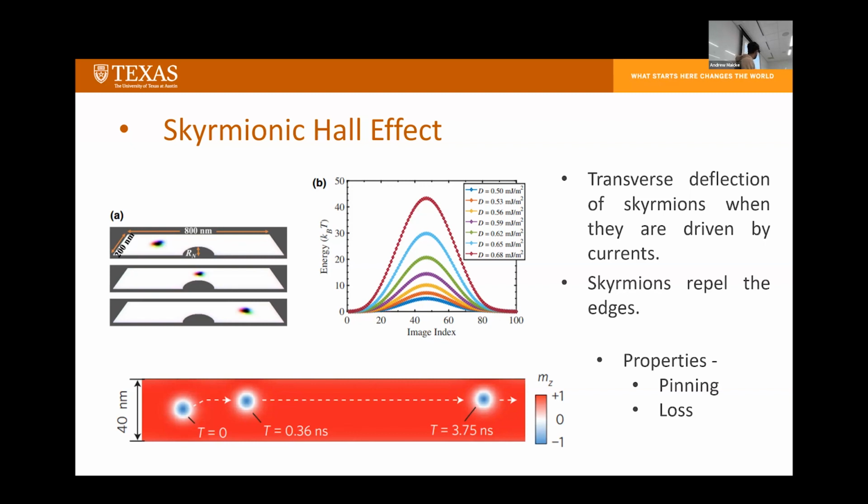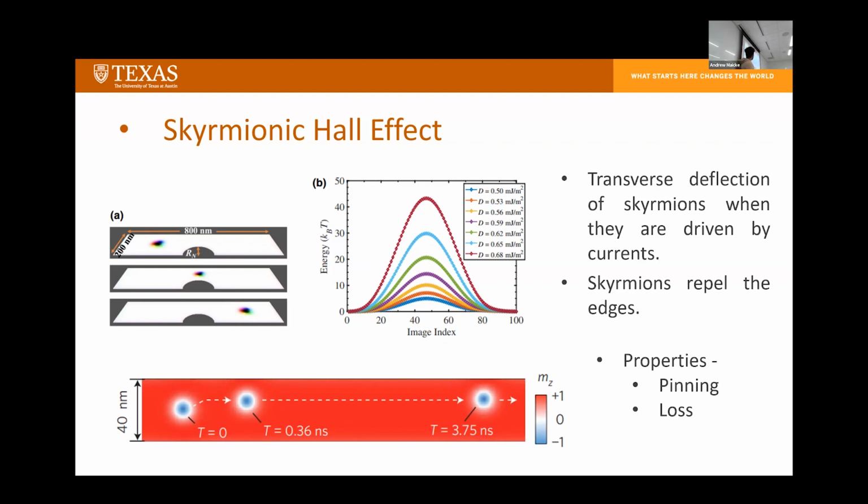So we have a transverse velocity as well as a longitudinal velocity. And one more point is that skyrmions usually repel from the edge of the racetrack. It's because of their topological protection that they don't want to approach the discontinuity in the strip. So if you have a reasonable current applied, the transverse velocity and the repulsion from the edge will cancel out, and you'll eventually have a plane longitudinal motion.